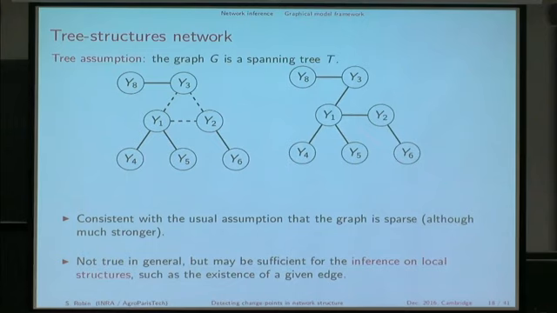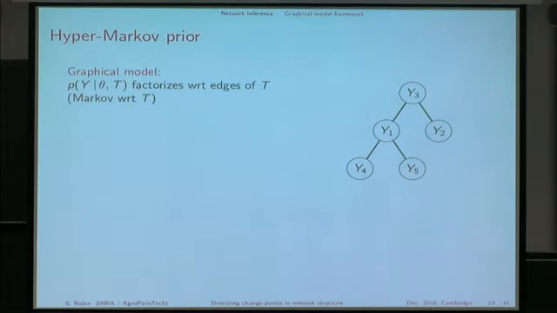So is there a triangle there? No. But what you will see is that at the end of the day, when you get a posterior probability for each edge and then you threshold, you will end up with something which is not a tree at all. Okay. And by the way, you can have a triangle once you've thresholded. So clearly it's an assumption, but it's a way to reduce the space of graphs I want to visit.